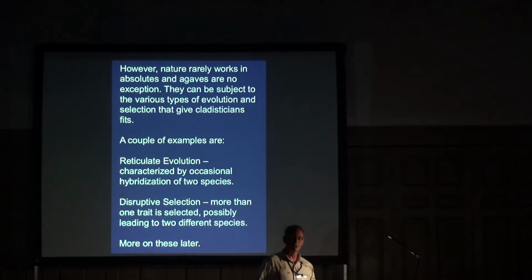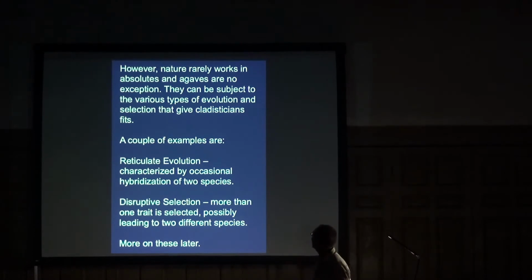Okay, nature rarely works that way, and there are always exceptions to the rule. A couple of examples: first of all, plants can be subject to various types of evolution and selection that give cladisticians fits. Reticulate evolution is characterized by the occasional hybridization between two species, and then you end up with different things happening.